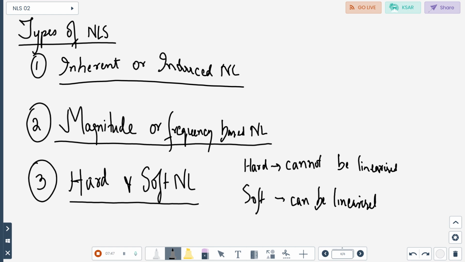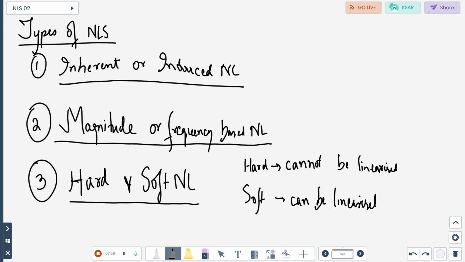So, looking at the examples of hard and soft nonlinearities. In hard you have something like backlash or bang bang relay.